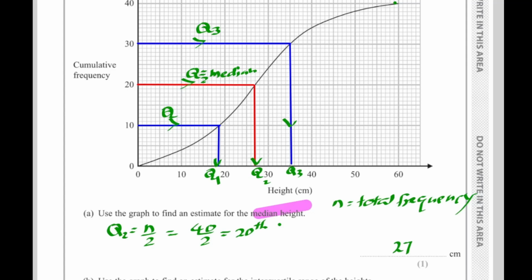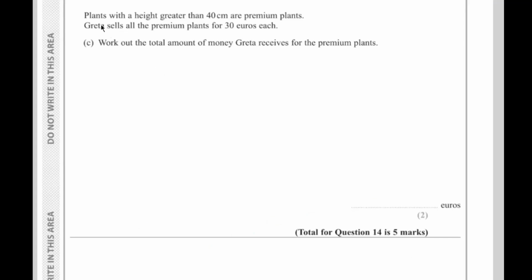Let's move on to part C. Part C says plants with a height greater than 40 centimeters are premium plants. Greta sells all the premium plants for 30 euros each. Work out the total amount of money Greta receives for the premium plants.